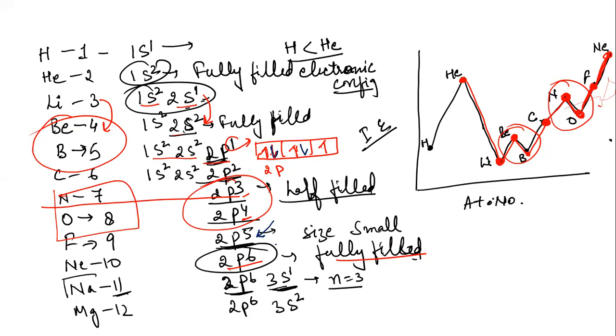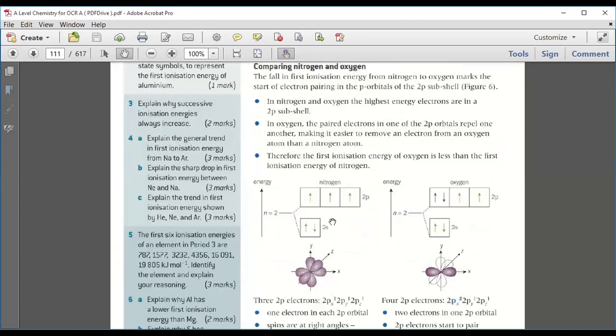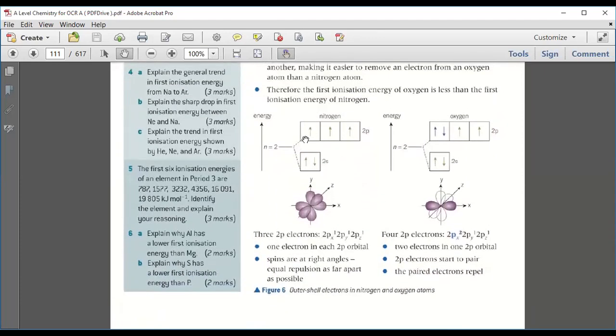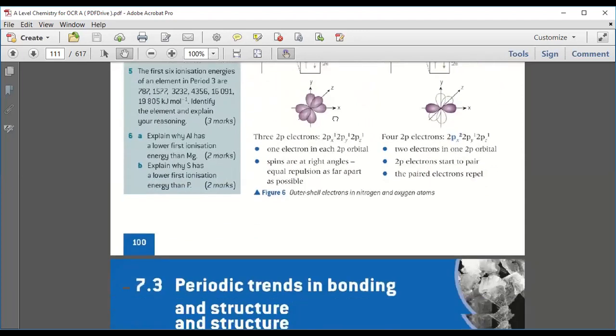As the pairing starts, repulsion will take place, and repulsion means less force of attraction. Less force of attraction means electron can be easily removed. It means ionization energy is less. So that is also covered. Whatever I have told you, the same thing is written there.